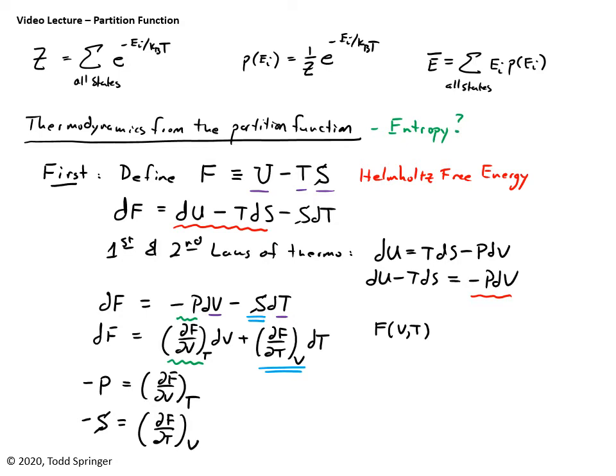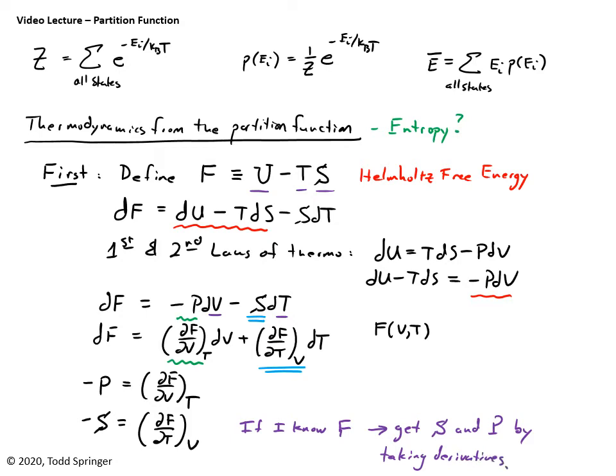It tells us that if I know F, this thing called the Helmholtz free energy, I can get both S and P by taking derivatives. So that seems kind of useful.